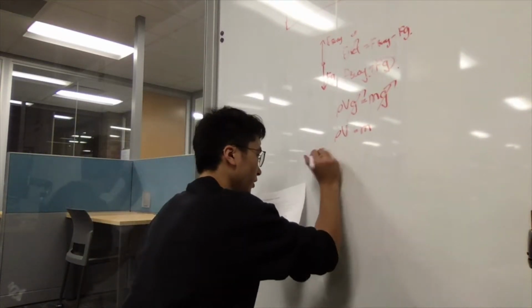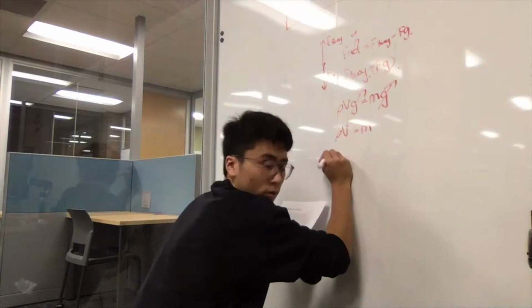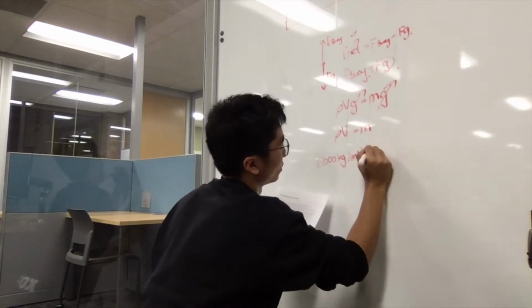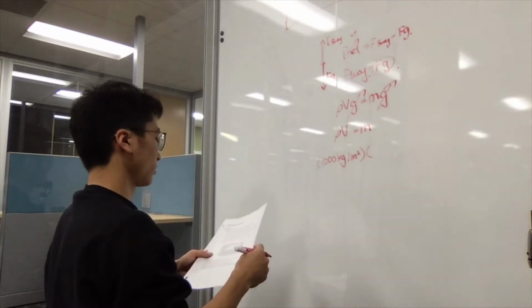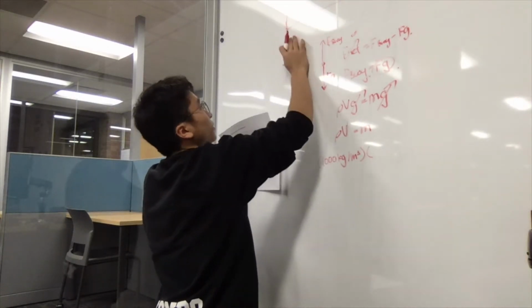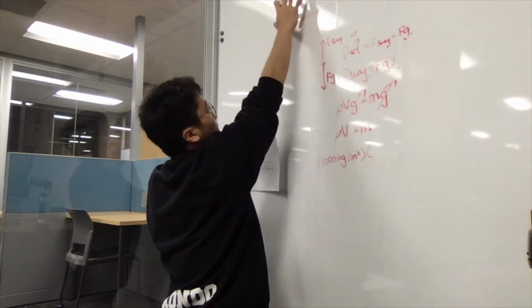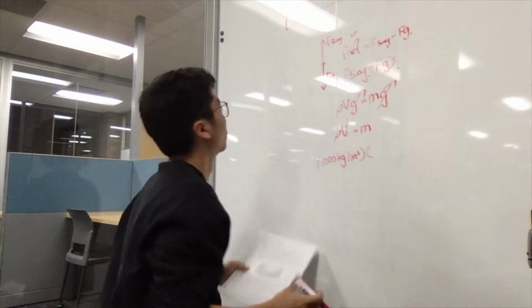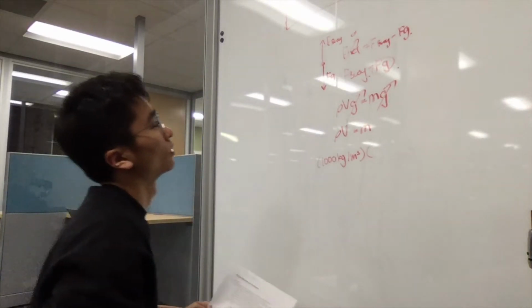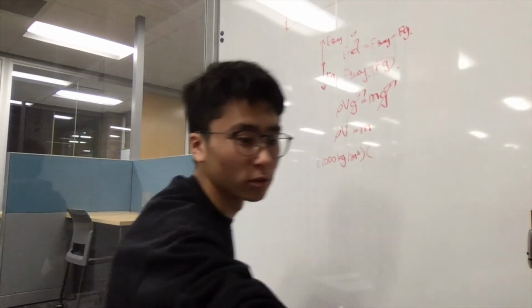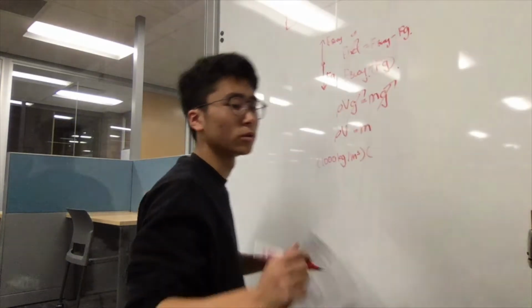Now, we know the density of water, which is 1,000 kilograms per meter cubed, times the volume that is displaced. Since the volume will be calculated by multiplying height by the surface area, and in this case the object must be completely submerged in the water, the total height will be our height this time. So that would be 0.22 meters.